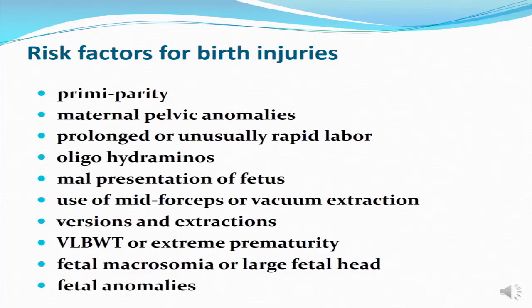They include being a primary mother, maternal pelvic anomalies, prolonged or unusually rapid labor, because rapid labor will also force the baby to pass rapidly and cause injury, oligohydramnios, malpresentation of the fetus, use of mid-forceps or vacuum extractor, external or internal version and extraction, being very low birth weight or extreme prematurity, being a large for gestational age baby or fetal macrosomia or large fetal head, as we said in the previous lecture about large for gestational age babies. Some fetal anomalies can also cause birth trauma.